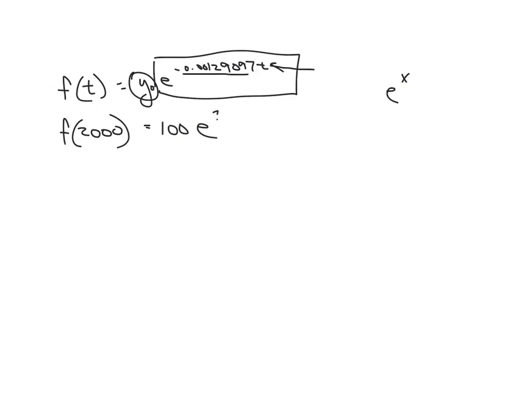I don't know what it is off the top of my head, but we find out that that number is similar to 78.5 grams, which means after 2,000 years, we should have 78.5 grams left if we started with 100. Which is what I don't understand about carbon-14 dating.